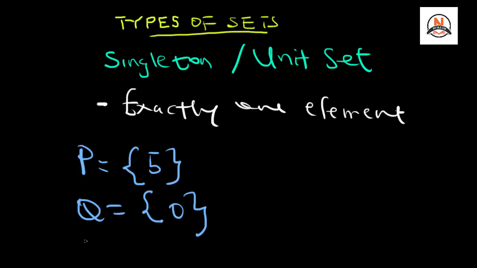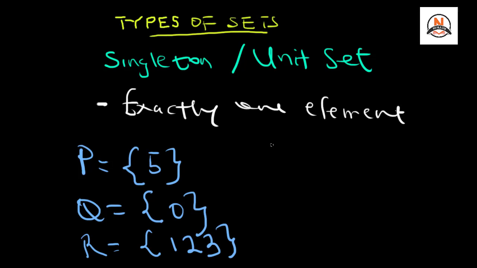Let's consider another set, set R. Set R has 123 as an element in it. Is set R also a unit set? Yes, it has just one element in it, the number 123.